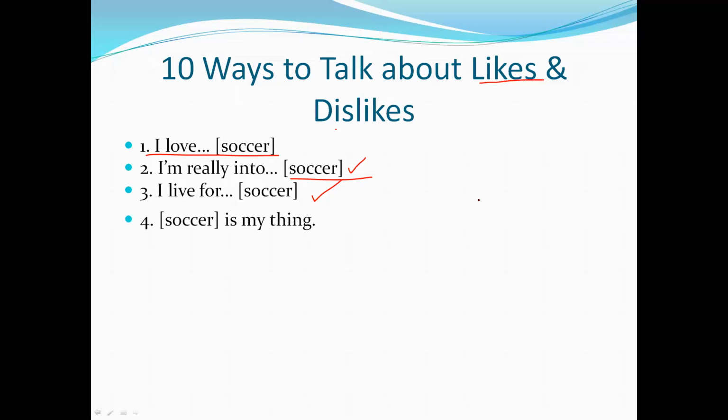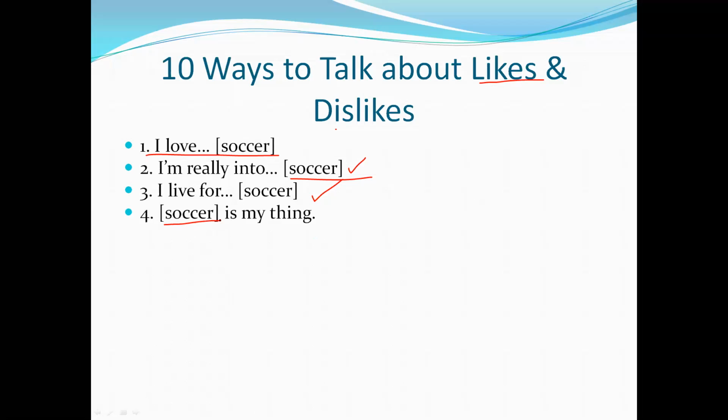Then the next phrase is that you can say "Soccer is my thing." Instead of soccer, you change it to what you like and put it here. So you can say "Programming is my thing," or "Learning machines is my thing," or whatever. Your choices might be different. Here I cannot give all the things you like. But you can say reading. So for example, "Reading is my thing."